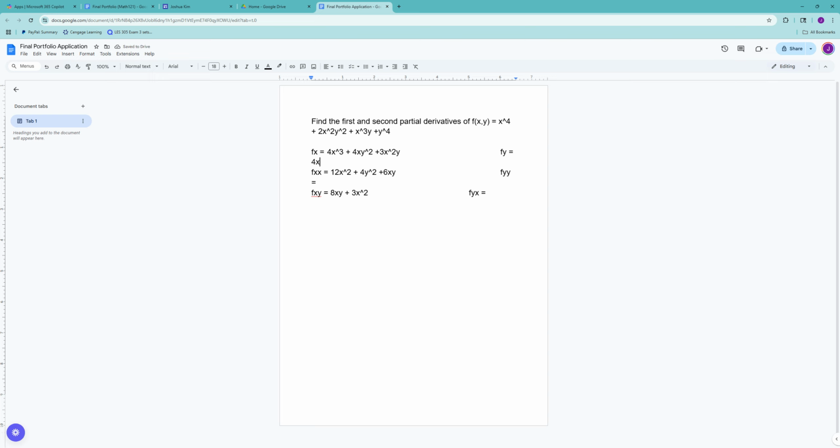F of y would be 4x squared y. And then for the second portion, it would just be x cubed, since the derivative of y is 1, and then for the last portion, it would be 4y cubed.